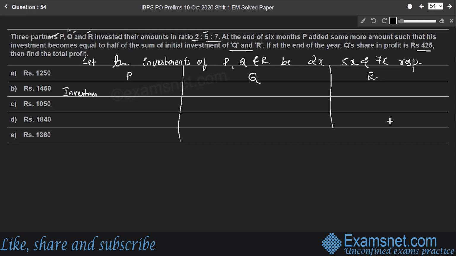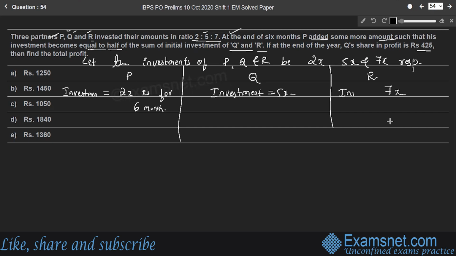Investment of P is 2x rupees only for the 6 months. And at the end of 6 months, P added some more amount. His next investment becomes equal to half of the sum of the initial investment of Q and R. Initial investment of Q is 5x, that of R is 7x rupees.